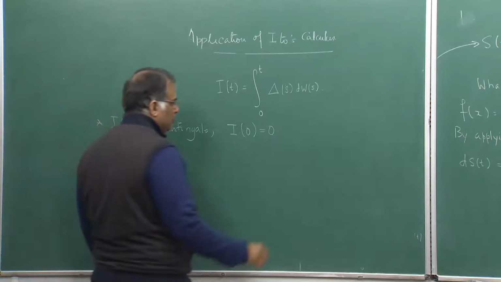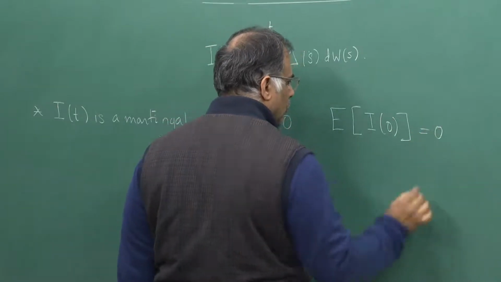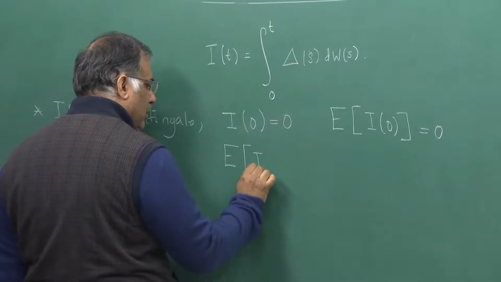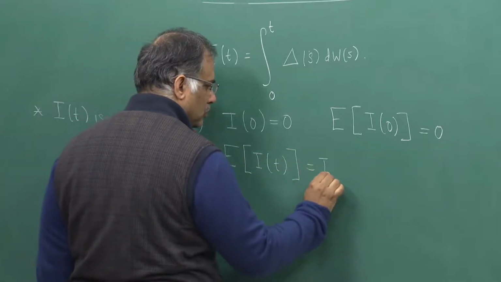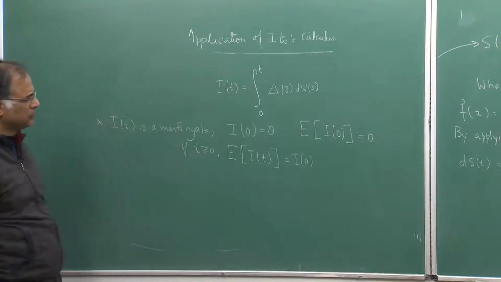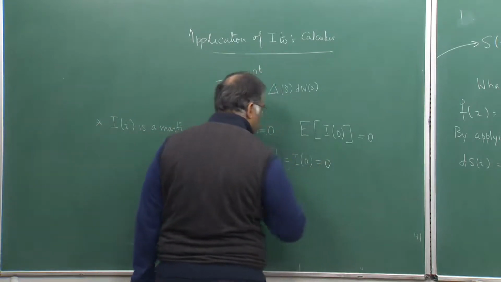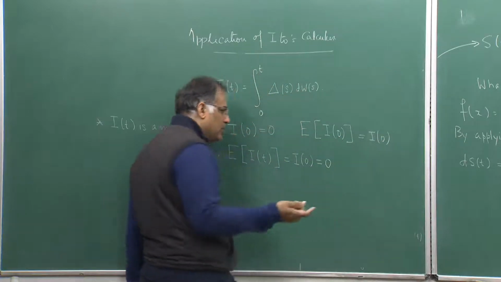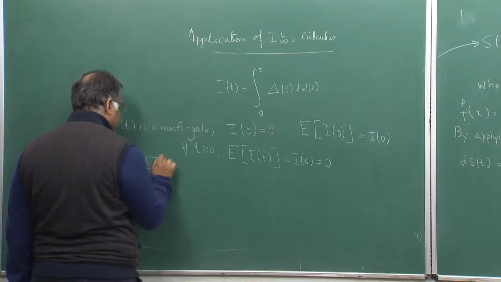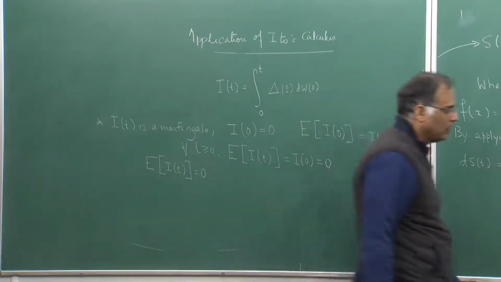So the expected value of an Ito integral is 0.